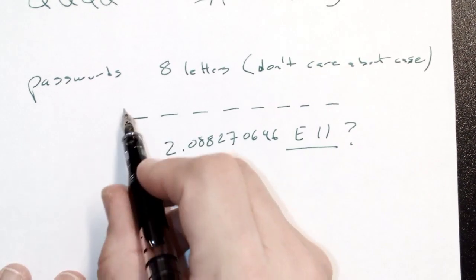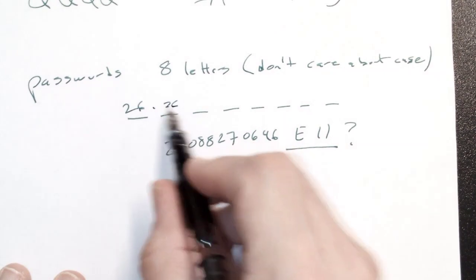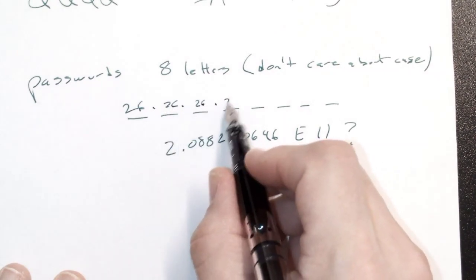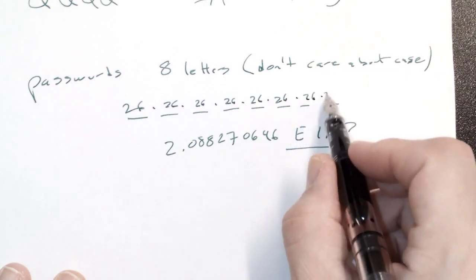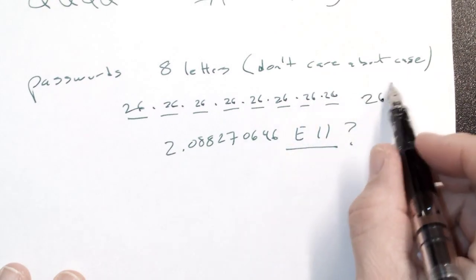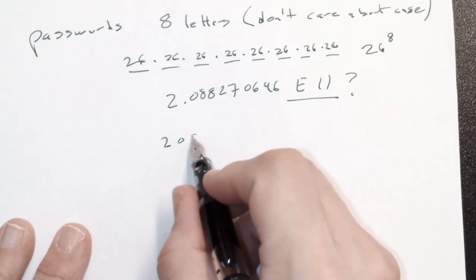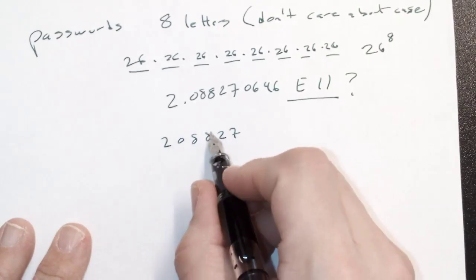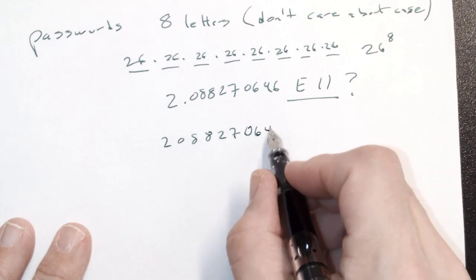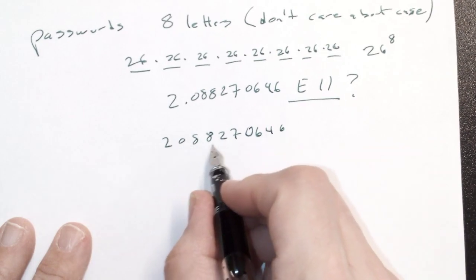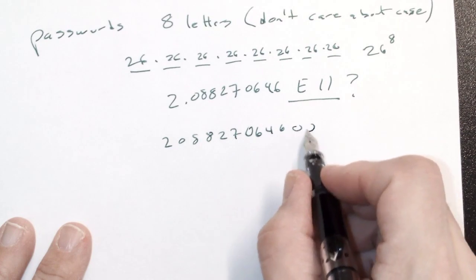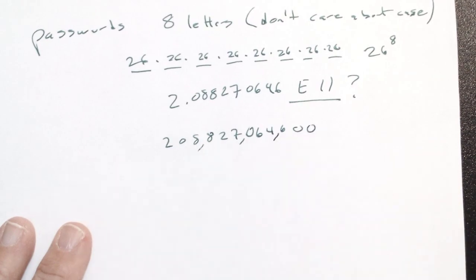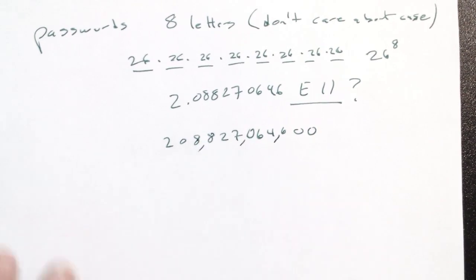Now remember, each of these gets filled in with a 26, and I'm multiplying all the way through. So that's 26 to the 8th power. Move the decimal 1, 2, 3, 4, 5, 6, 7, 8, 9, 10, 11. There are 208 billion passwords.